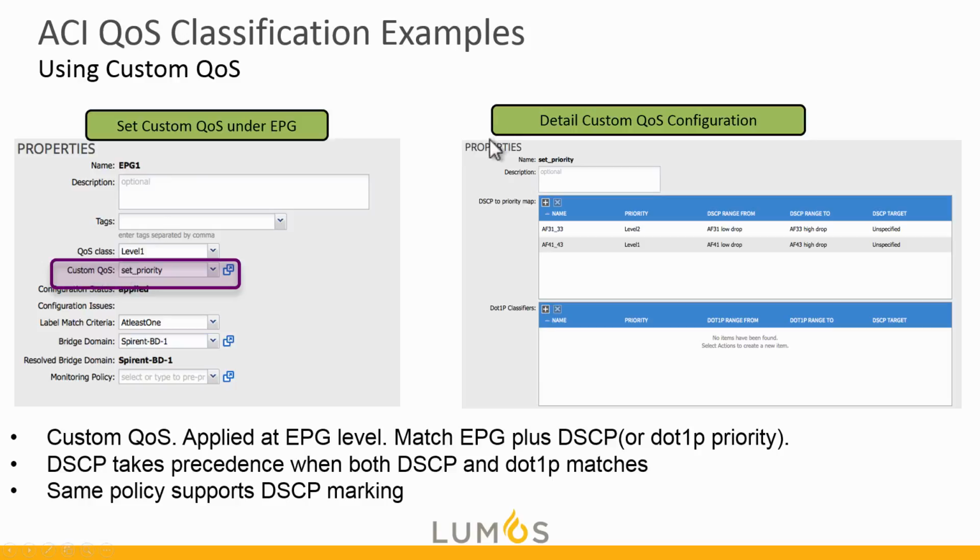For the properties of this, I could have, for instance, a DSCP to priority map. Here we can see that I'm matching on AF31 to AF33 and marking that as QoS level 2, and then on the EPG called set priority, I'm classifying AF41 to 43 to level 1.